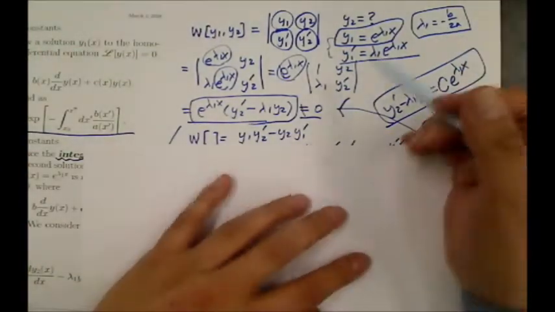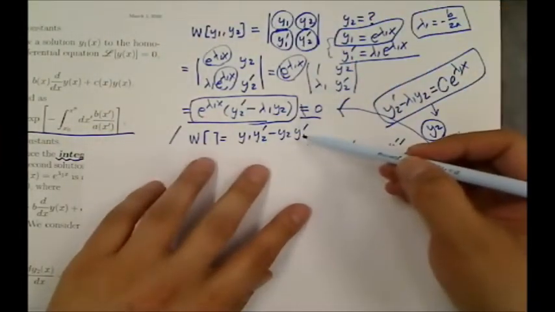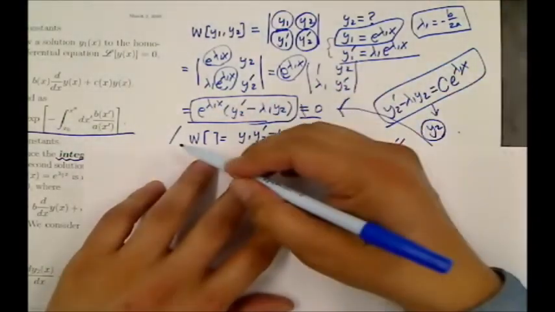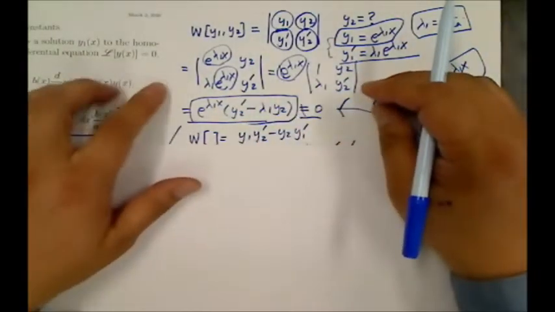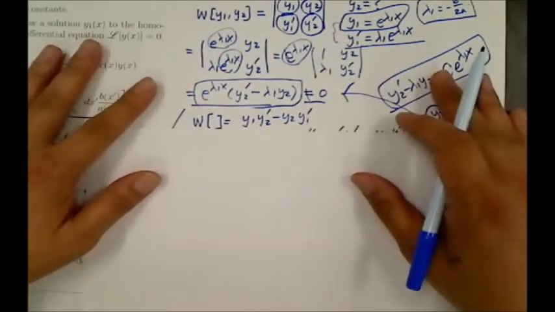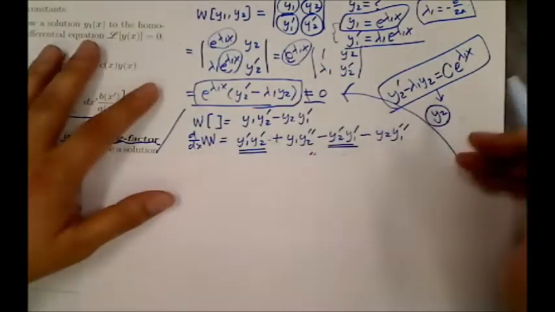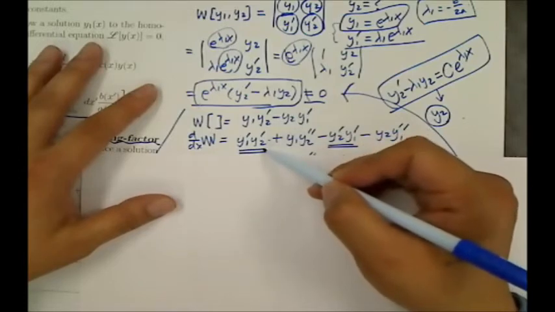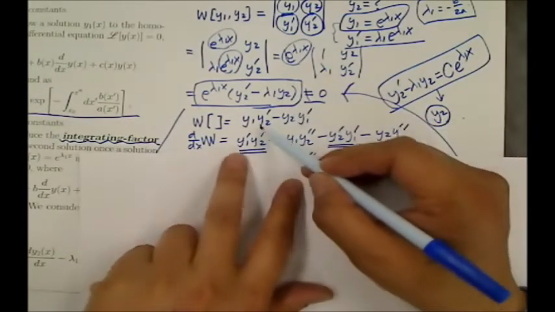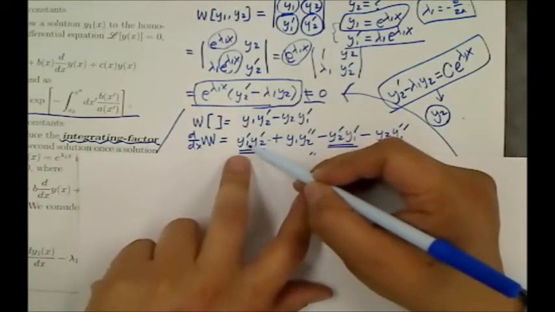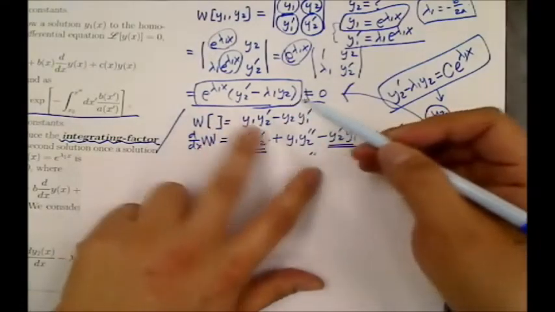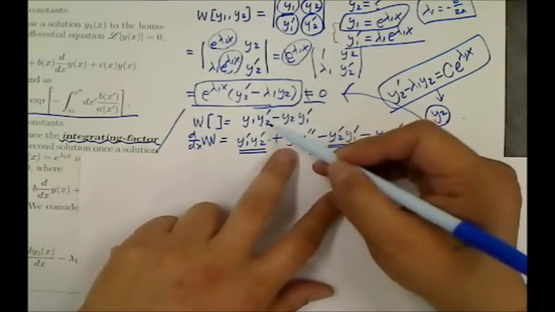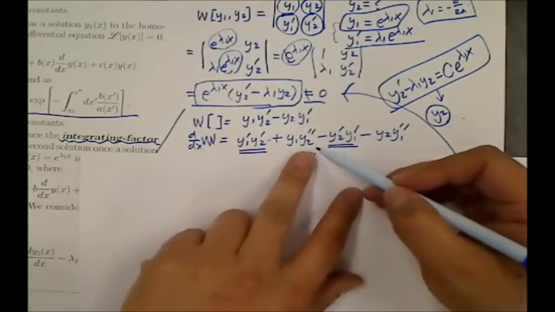Let us consider this Wronskian one more time. Because it is non-zero, we are interested in taking the derivative of the whole Wronskian. If I take the derivative with respect to x, the first term is y1 prime, keeping y2 prime here. And the other term is keeping y1 and taking another derivative with respect to x, so y1 y2 double prime is here.